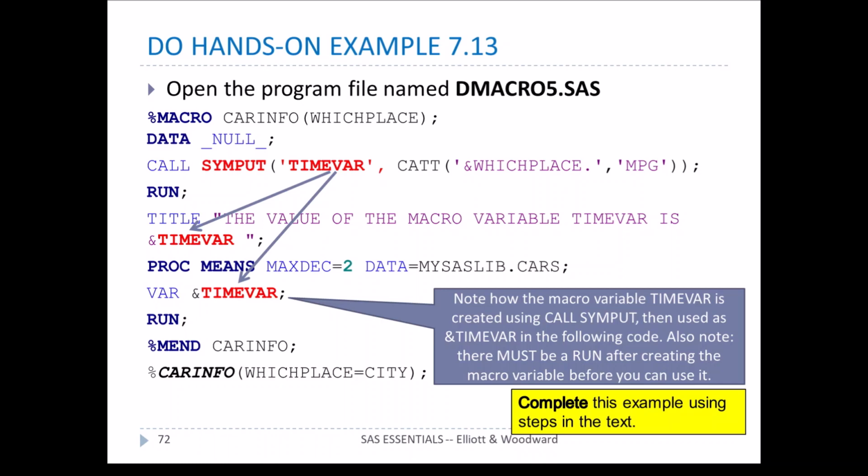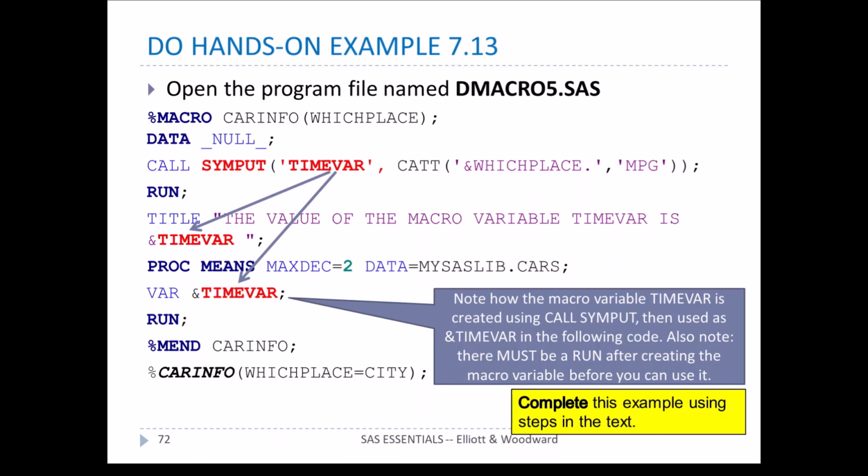So the title is going to be my timeVar, and also I'm going to do a proc means using timeVar, whatever that is. And then we have the end of the macro. So let's call it. If I say car info equal which place equal city, what is that going to do? It's going to resolve the timeVar to city MPG.